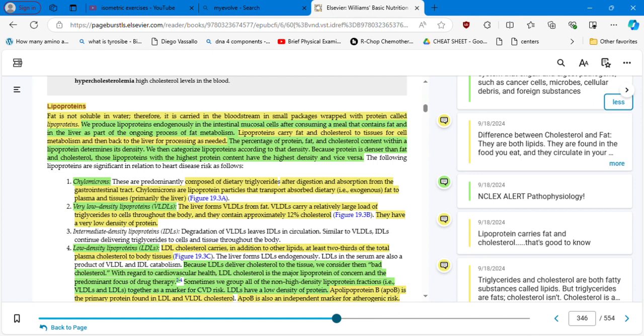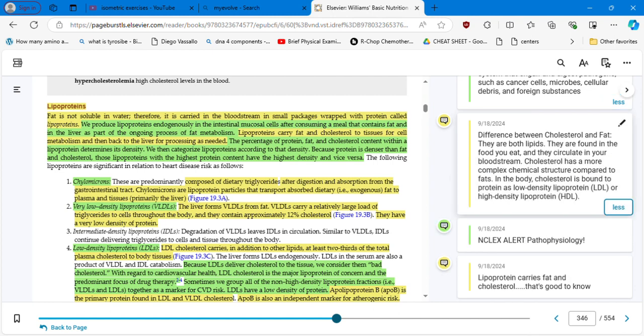Lipoproteins carry fat and cholesterol to tissues for cell metabolism and then back to the liver for processing as needed. Dr. Matalana, I thought fat and cholesterol were the same thing. No, they are not. So the difference is that they are both lipids, right? But they are found in the food you eat and they circulate in your bloodstream.